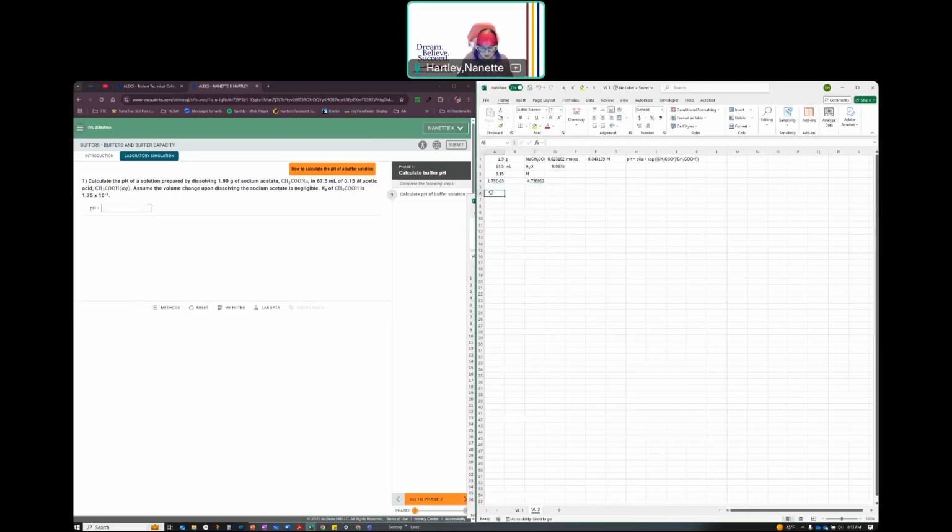And so my pH is equal to the pKa, which is this, plus the log of the base component, which is this number right here, divided by the acid component, which is this number right here. And that gives me 5.11.